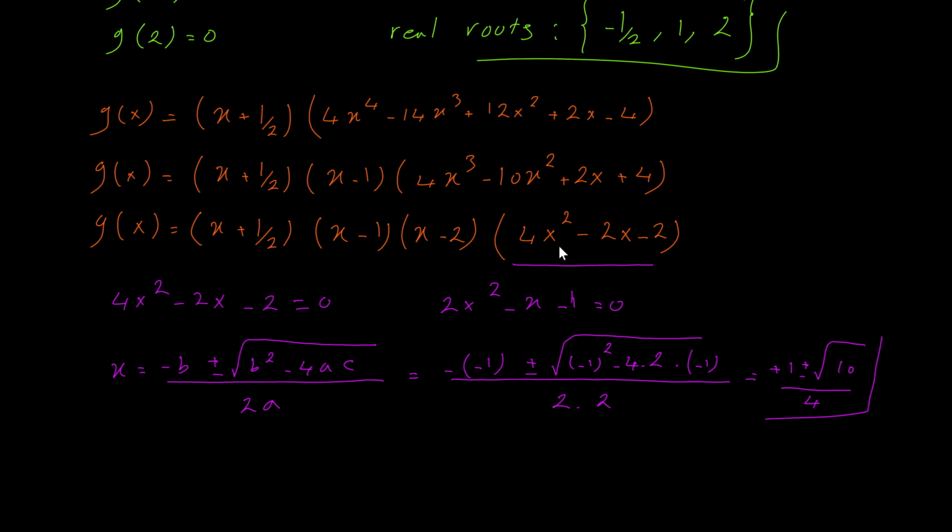So not always, when we use the possible roots and plug the values into f of x or g of x to find the actual roots, do we get all of them. Remember, this is the rational root test, so it's going to give us the rational roots.